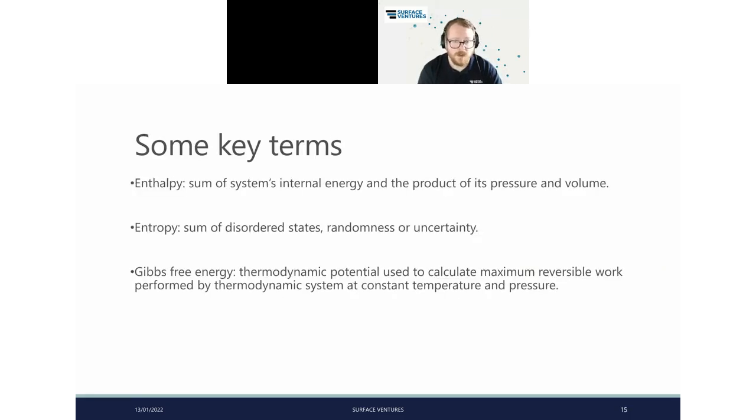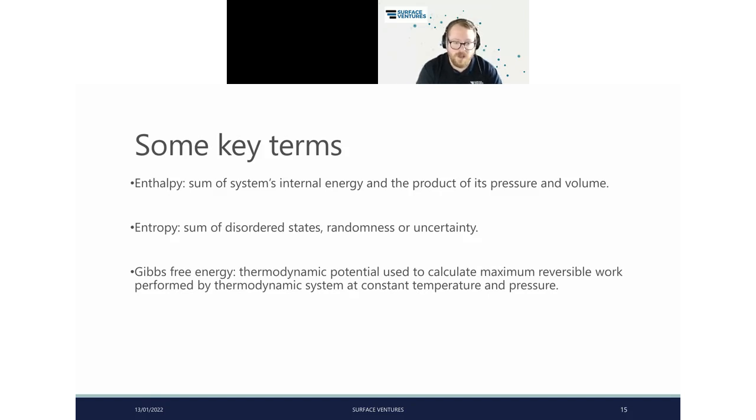In terms of that, just talking about some of the key terms that we have here. Enthalpy is the sum of the system's internal energy and the product of its pressure and volume. So temperature is a changing variable there. Entropy is the sum of disordered states, randomness, or uncertainty in a system.